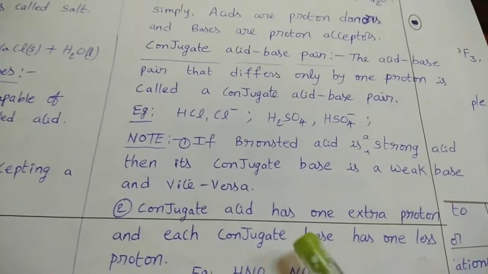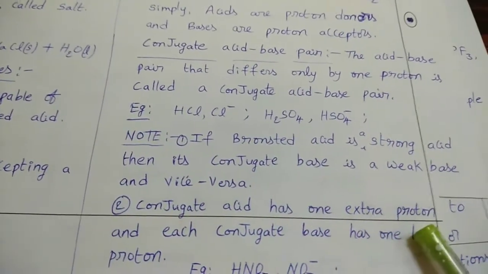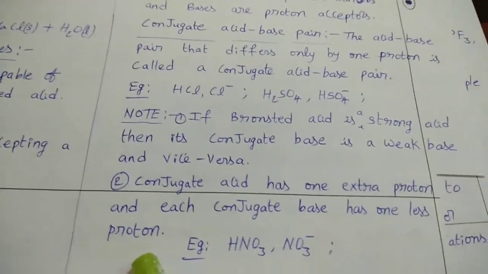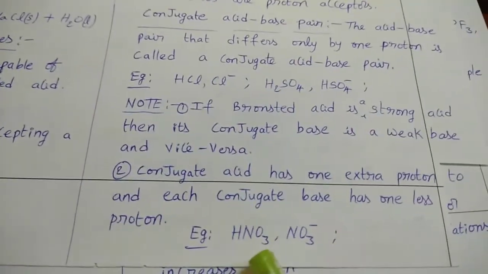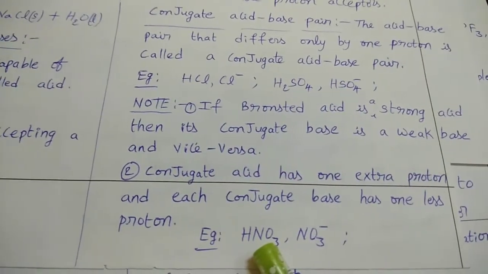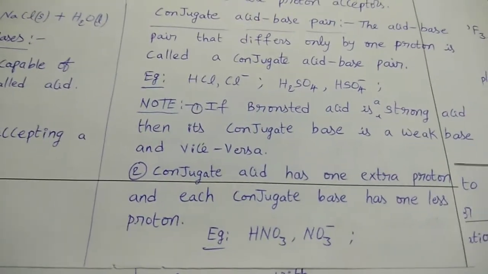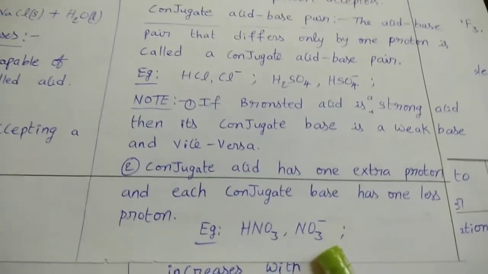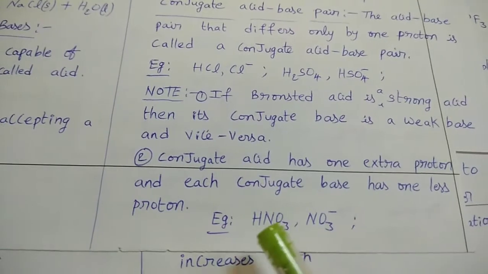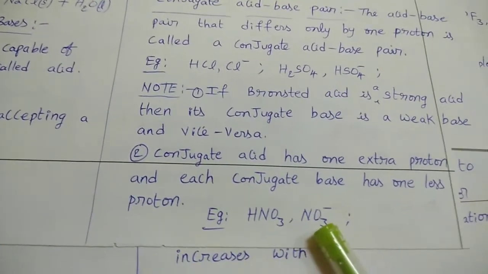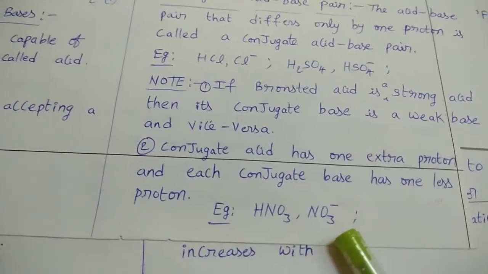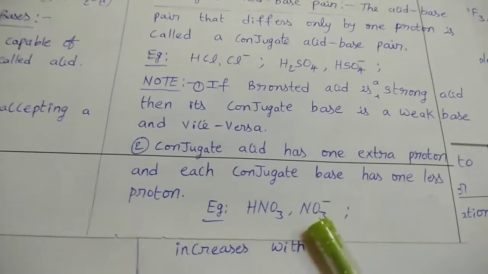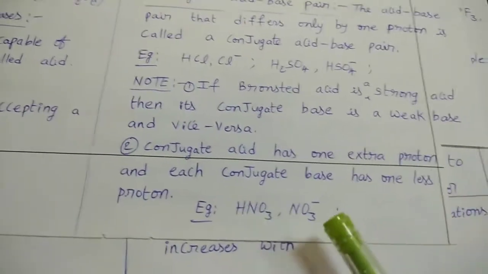Next, a conjugate acid has one extra proton and a conjugate base has one less proton. See the example, HNO3. It can donate a proton, so it is an acid. After donating a proton, what is the remaining species? NO3 minus. It is obtained by losing a proton from HNO3, so this is the conjugate base.